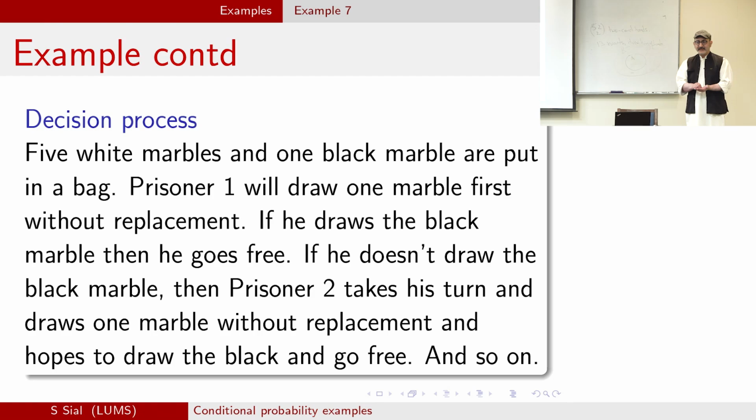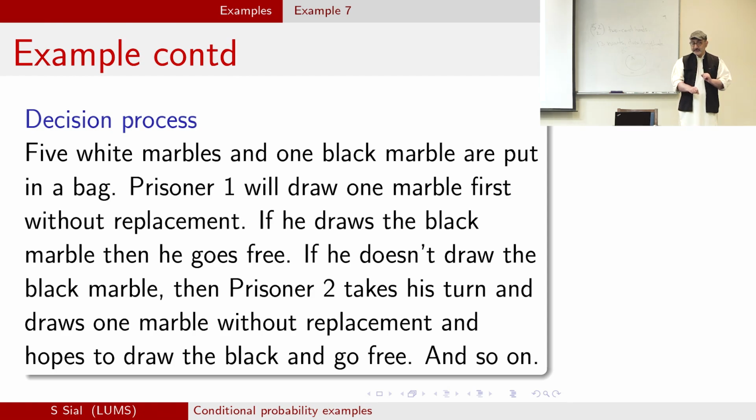Prisoner number 1 gets to take out 1 marble first without looking in the bag. If he takes out a black, we let him go. If he didn't take out a black, then he gets to stay. He doesn't put it back. There's no replacement. Now prisoner number 2 has the chance of being released.